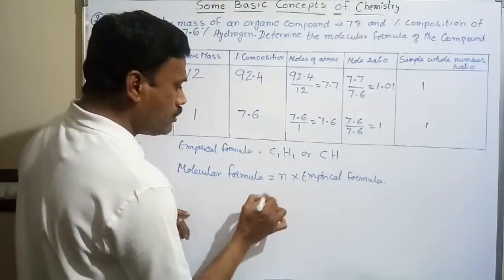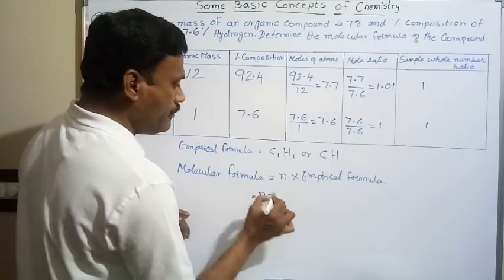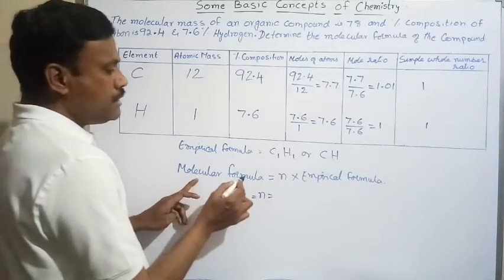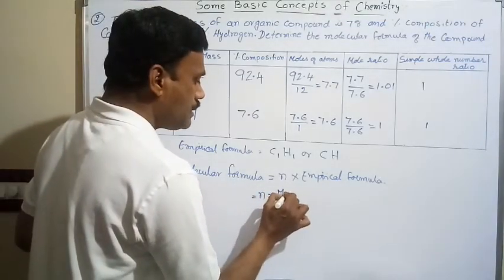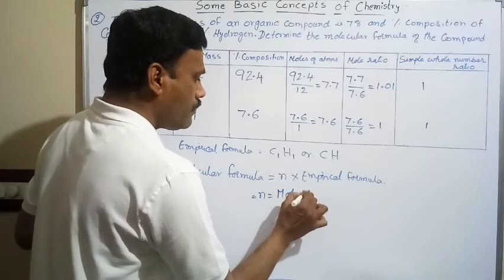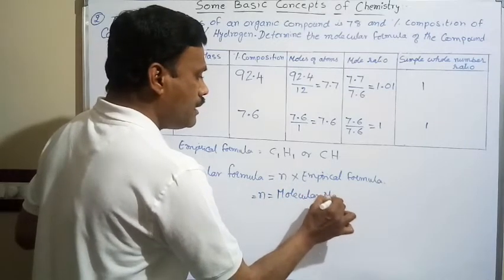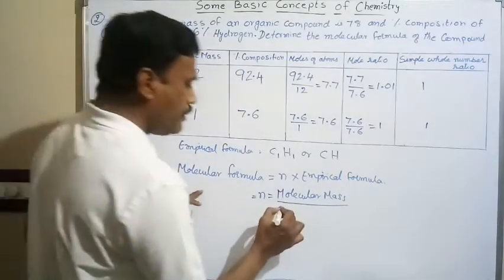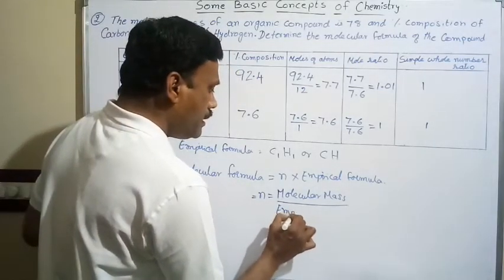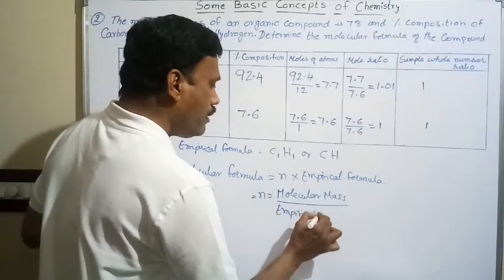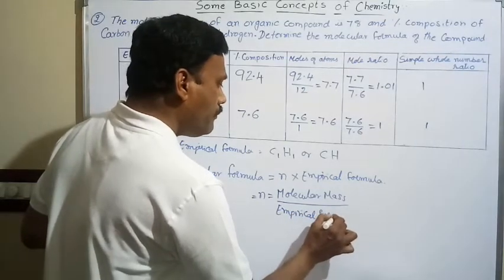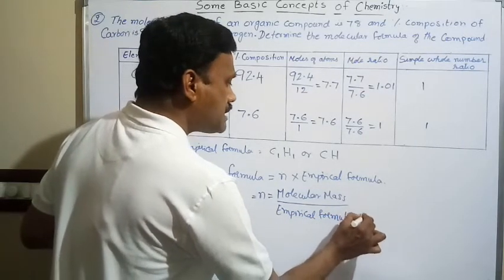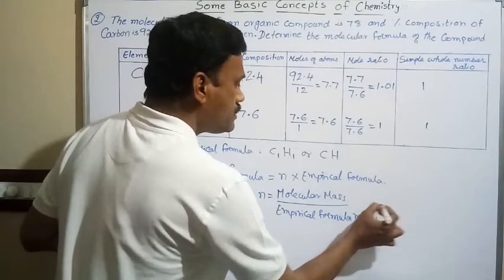To find the value of N, we divide the molecular mass by the empirical formula mass.